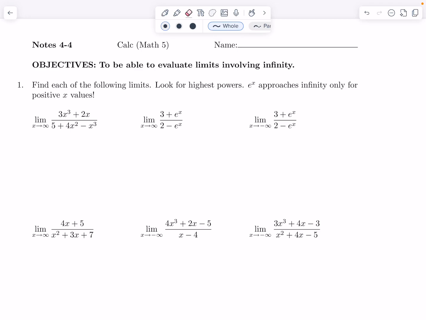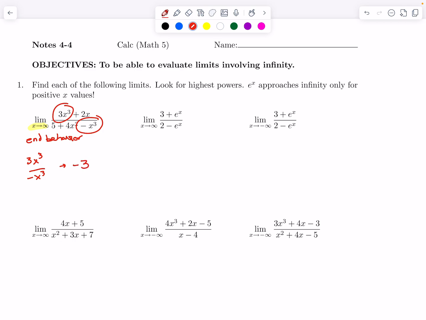Limits. And this is all review, but I just want to make sure we look at it again. Oh, look, highest power's over there this time. If I'm looking at end behavior, as x goes to infinity, I look at highest powers. And reduce that.